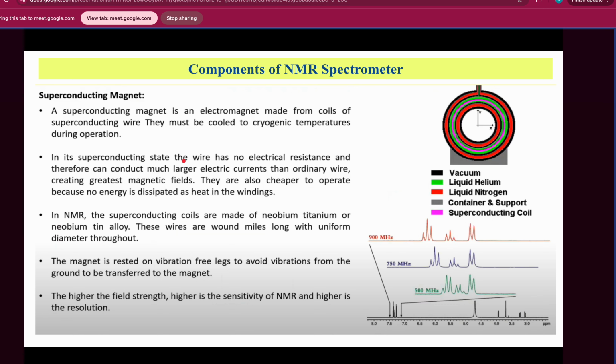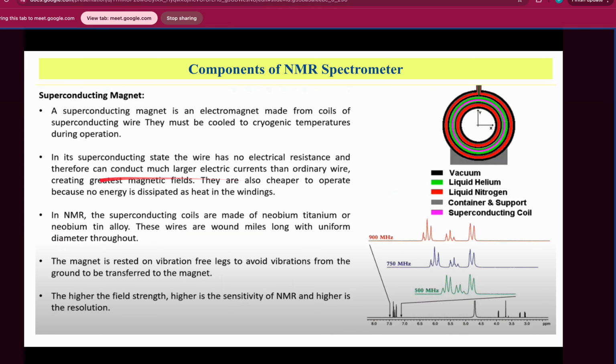In its superconducting state, the wire has no electrical resistance. That is the difference between a conductor and a superconductor. Because the temperature is very low, the resistance is also low, and therefore it can conduct much larger electric currents than ordinary wires, creating the greatest magnetic fields.